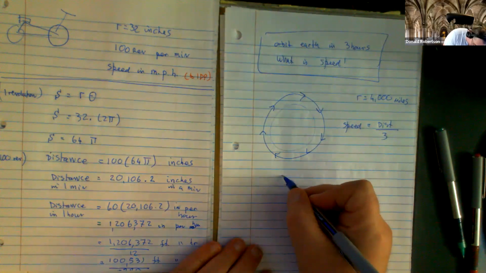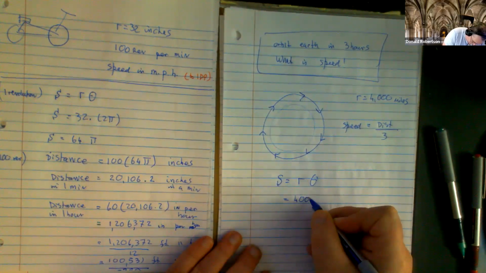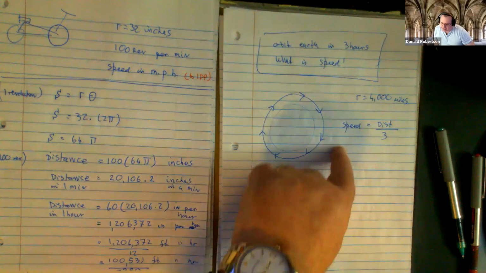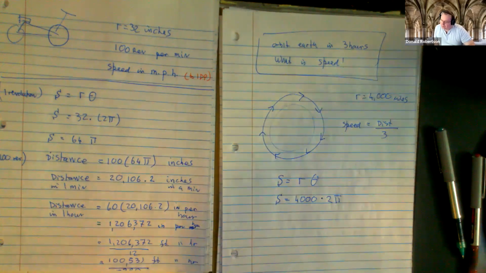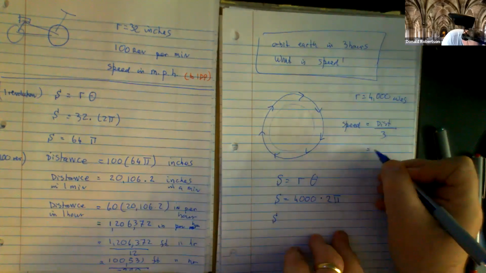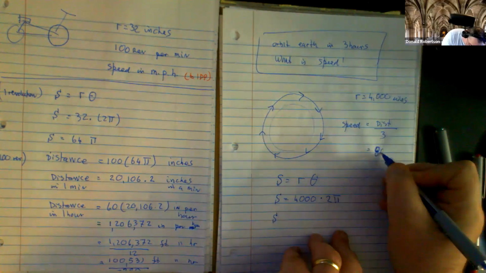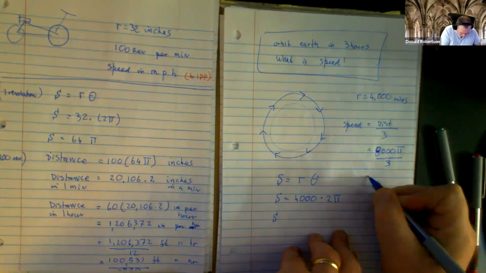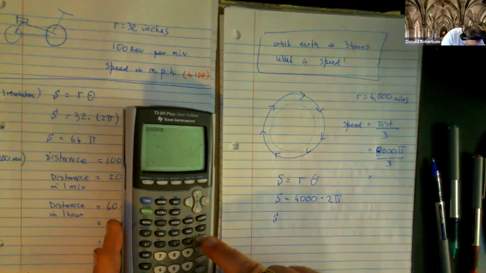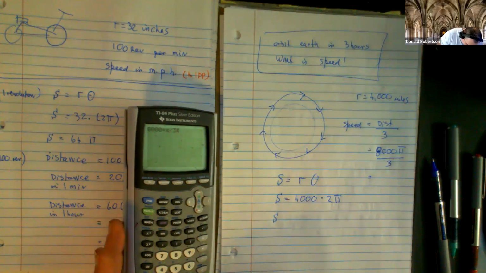If you went round the Earth once, it would be 4,000 times 2 pi. Would you agree? If you go round the entire circle, isn't theta 2 pi? And I won't even bother what that comes out to. I'll just write in the answer here. That's 8,000 pi divided by 3. And we're pretty much done. And let's say that the answer needs to be to the nearest whole number.